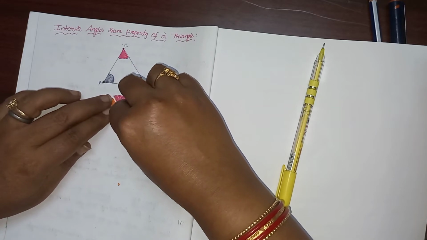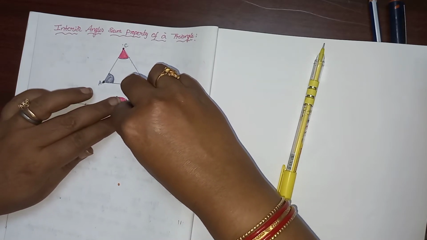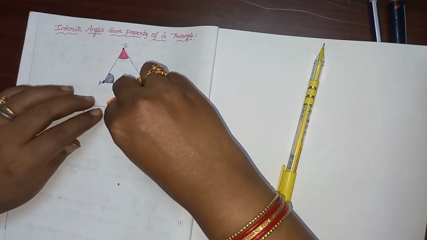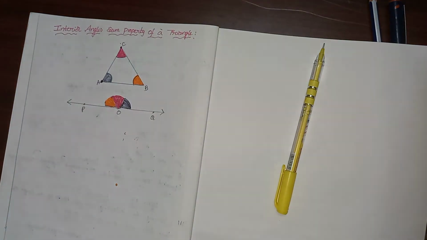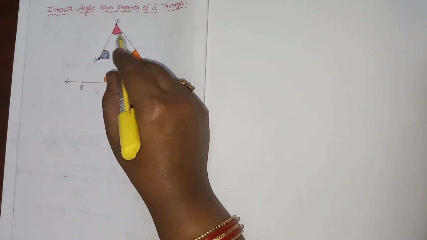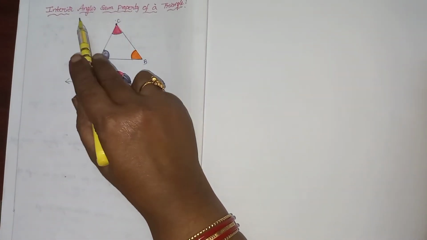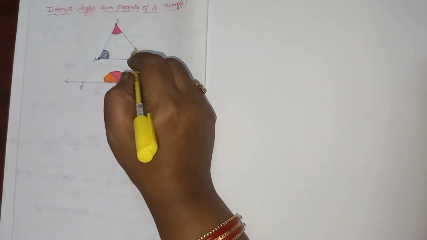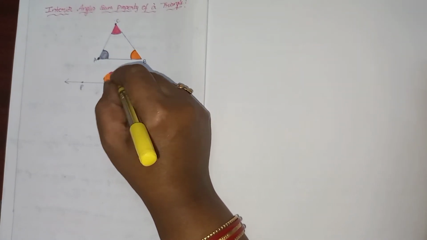It makes an exact straight angle. Straight angle means 180 degrees. Here the sum of the three interior angles in a triangle is 180 degrees, which is equal to a straight angle. The sum of the three angles in a triangle is 180 degrees.